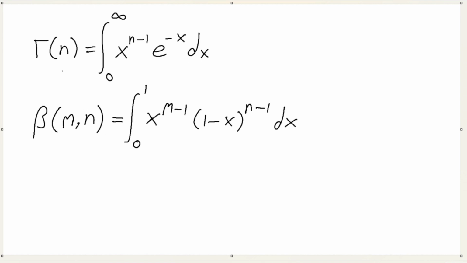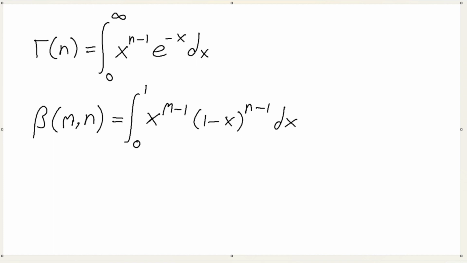Notice that just like gamma, we have to do the minus 1, n minus 1 factorial. That's exactly how beta is. So for beta of m and n, we must utilize m minus 1 and n minus 1. And in this beta integral, it doesn't have the exponential function. It's just x and 1 minus x.